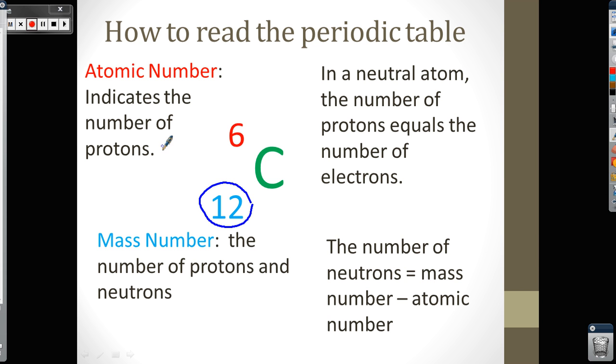So if we know that we have 6 protons, and that we have a combination of 12 protons plus neutrons, we can figure out the number of neutrons by taking the mass number and subtracting the atomic number. In this case, if we wanted to find the number of neutrons, we would take the mass number, which is 12, subtract off the number of protons, and that means that carbon has 6 neutrons.